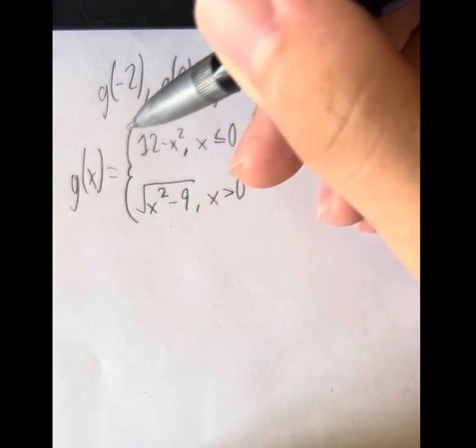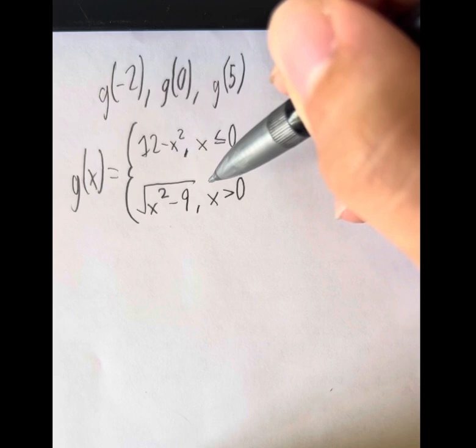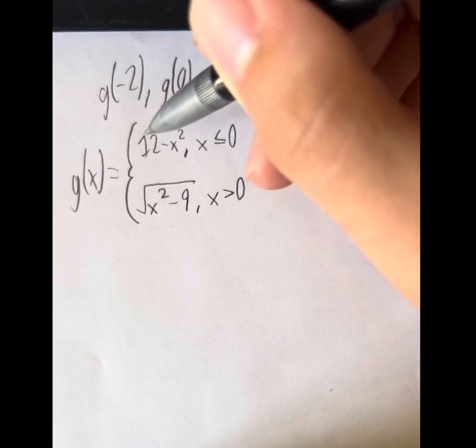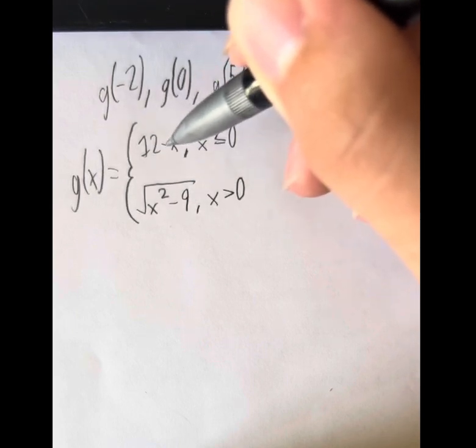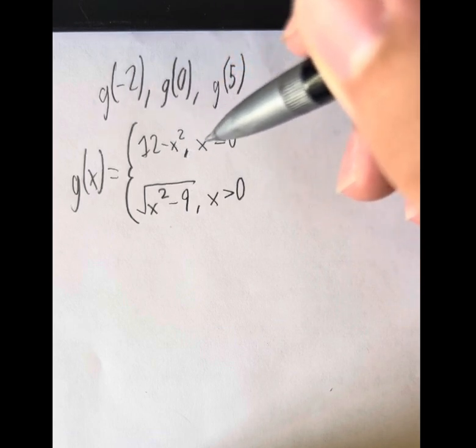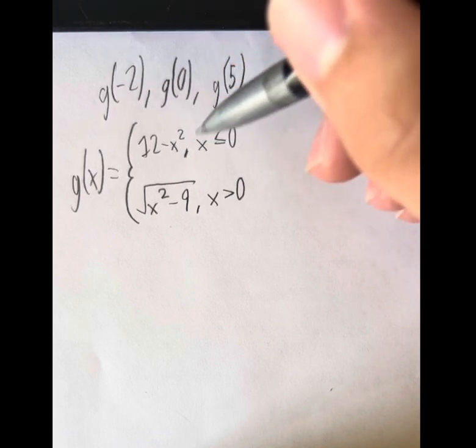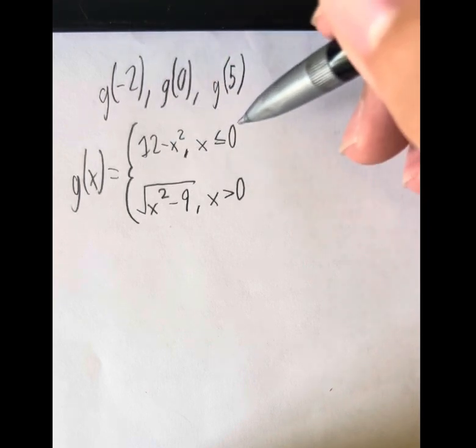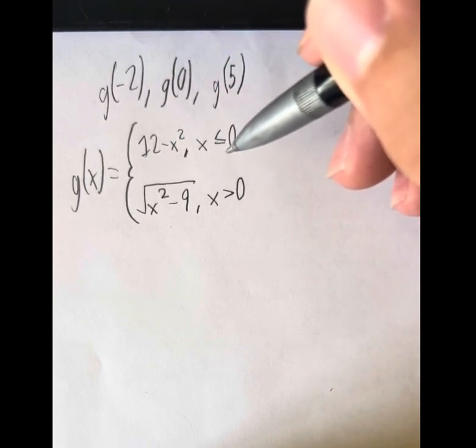G of x, when you see this, you see on the left side there's an equation, and on the right side there's an interval notation.